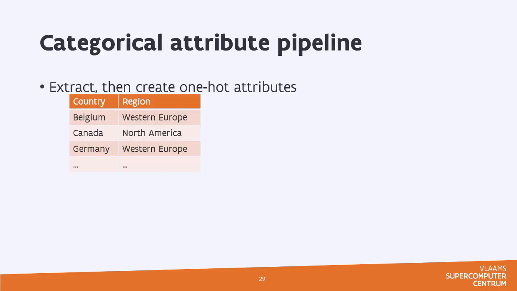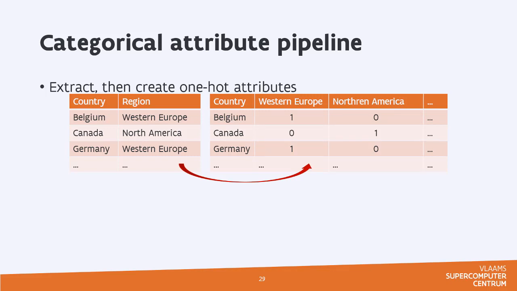Okay, the categorical data. Of course we need to extract, just like for the numerical data, and we want to go to a one-hot encoding. So each country has a region, like Western Europe, North America, Western Europe again for Germany, and so on. So what we want to switch to is multiple attributes.